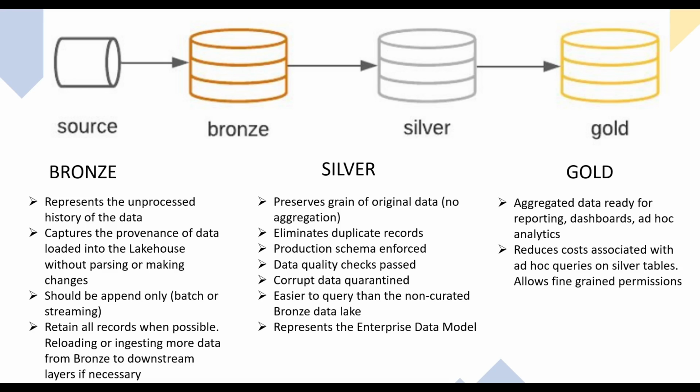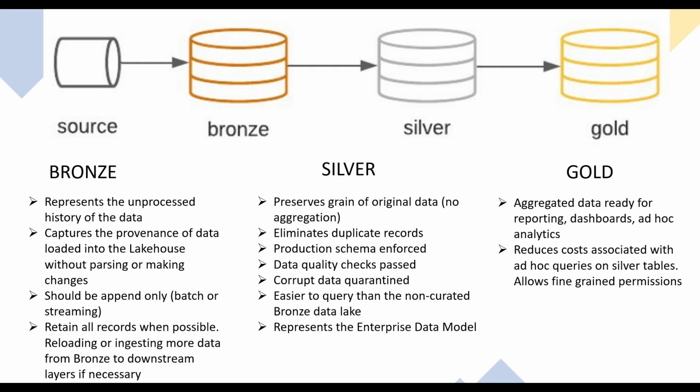Now on the silver layer, the silver layer preserves the grain of the original data, so we don't perform any aggregations there, but we eliminate the duplicate records, we enforce the schema, we perform data quality checks, and we quarantine corrupt data.